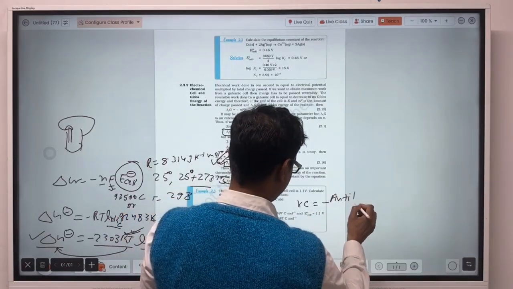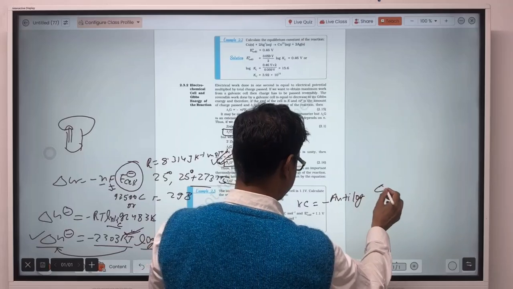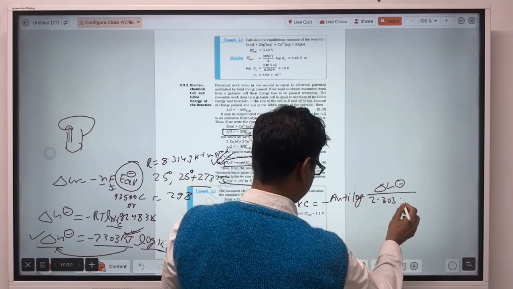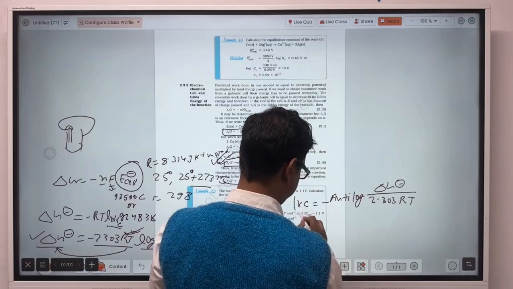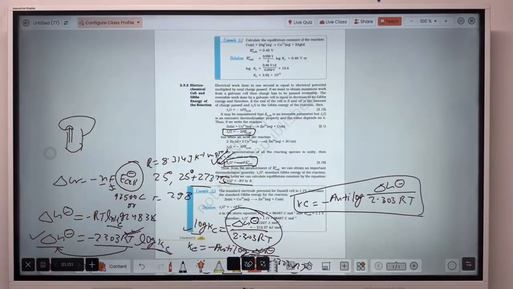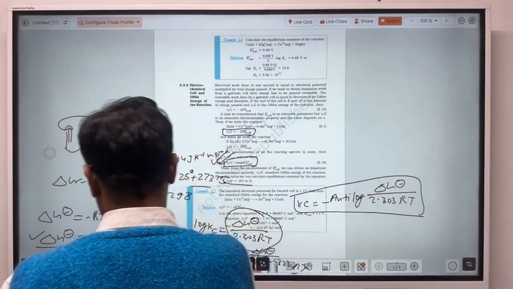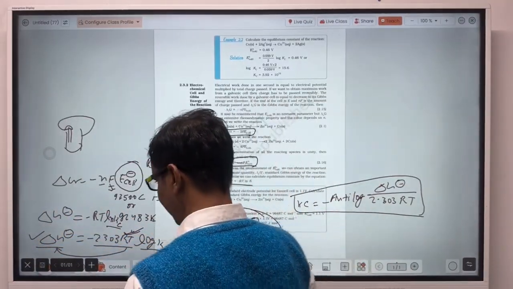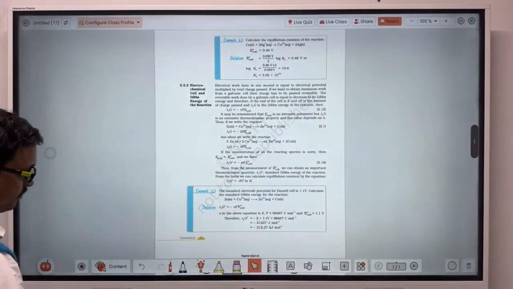So if you have to find delta G and data is given for Kc, apply the earlier formula, and if you have to find Kc and delta G is given, then apply this one. Okay, let's see this question.